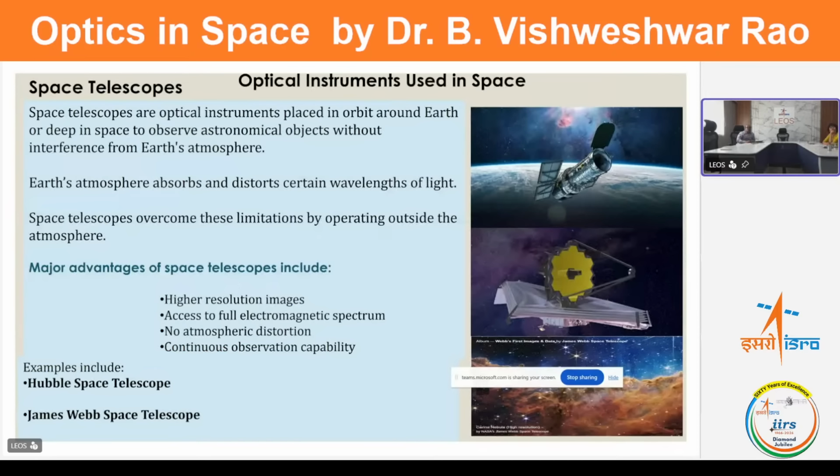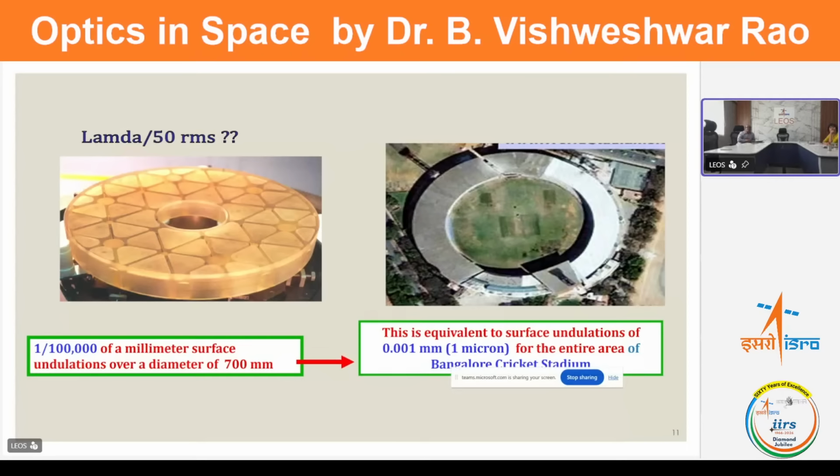When it comes to what lambda by 50 RMS means, in this picture we can see a 700 mm diameter mirror. From the pattern you can see a flower pattern, but the front surface is a mirror surface. From the rear surface, lightweighting has been done while maintaining the stiffness parameters.